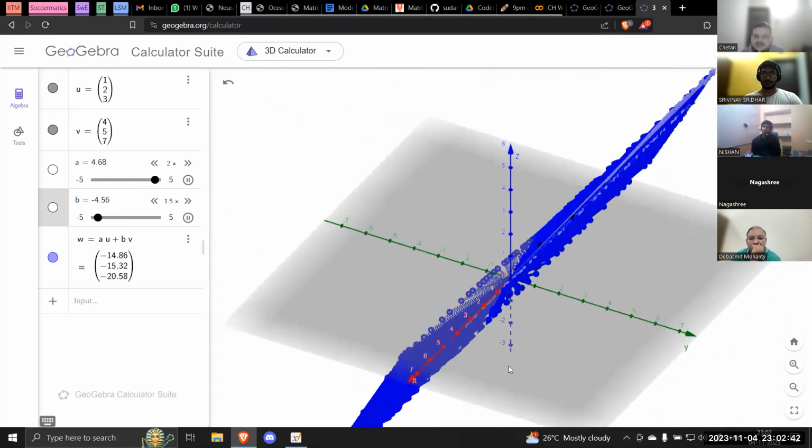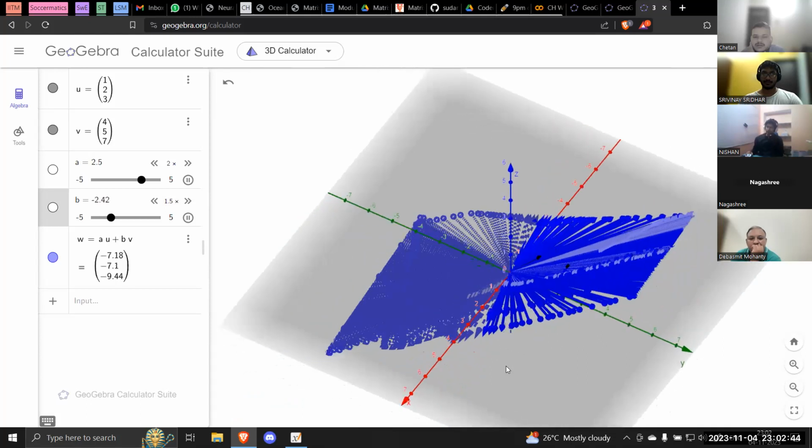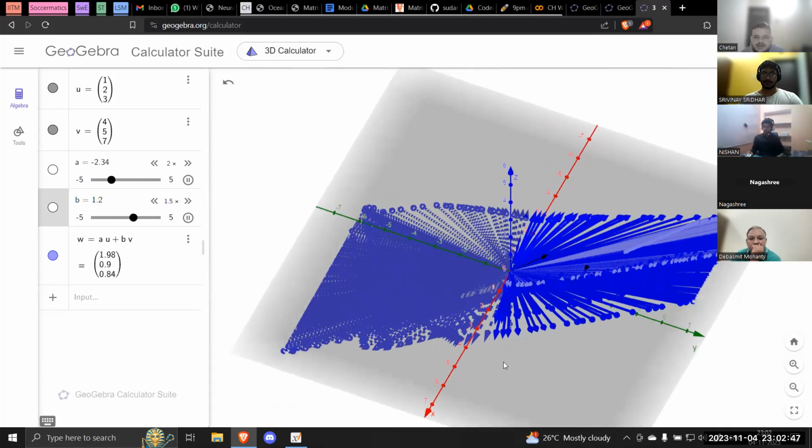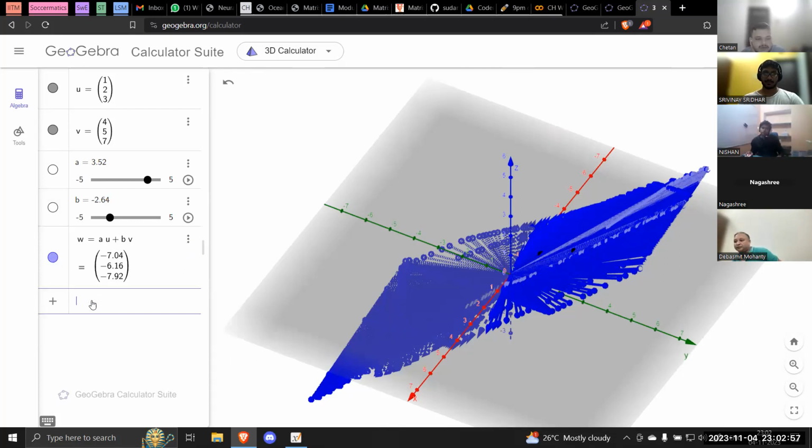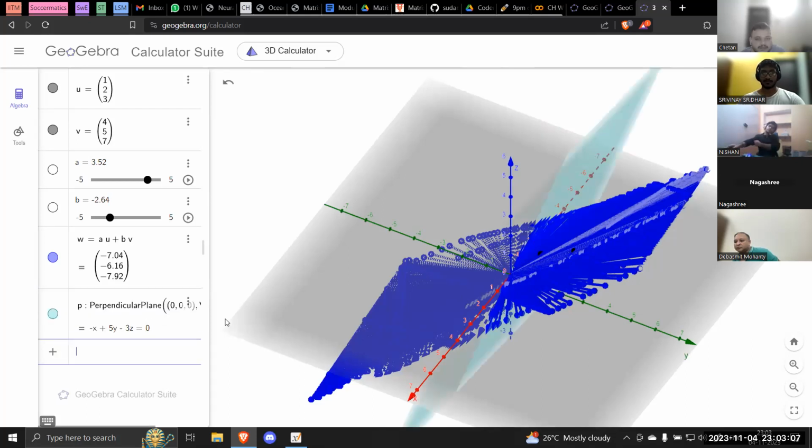But I still don't believe that vector (6, 9, 11), I think it was, lies on this plane. Okay, can you plot this plane, Vinay? Plane of (1, 0, 0), (0, 0, 0), (0, 1, 2, 3) and (4, 5, 7). Perfect.